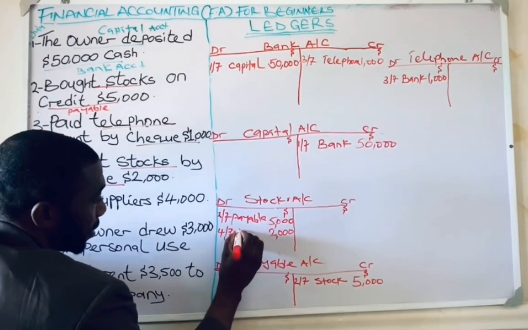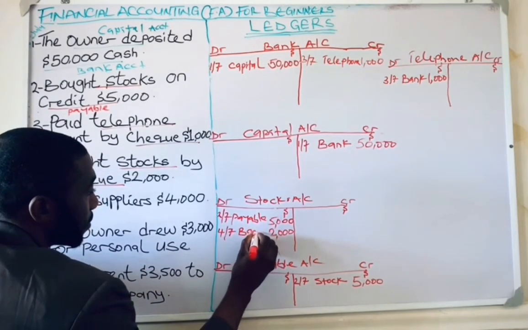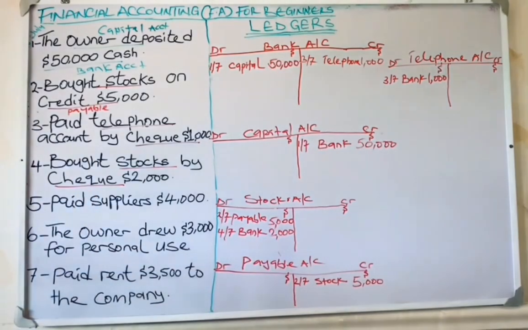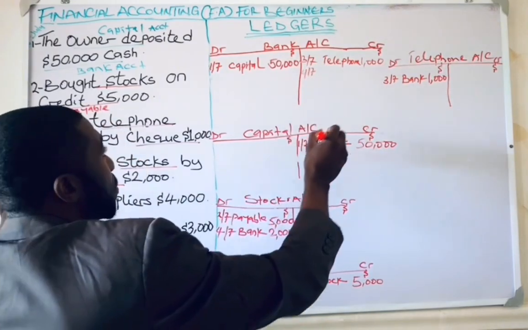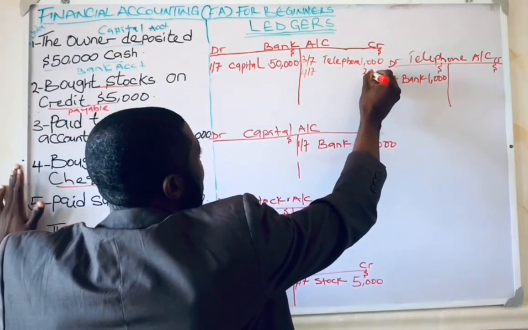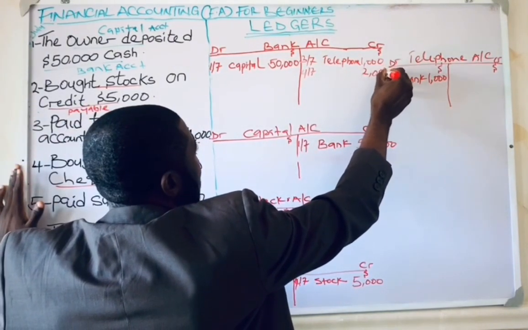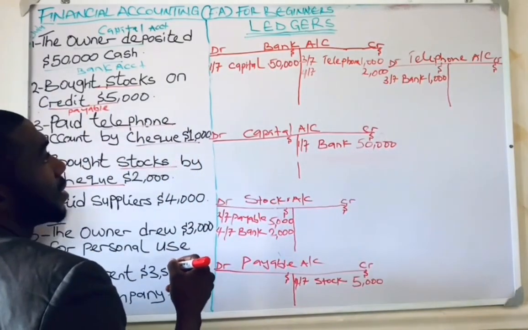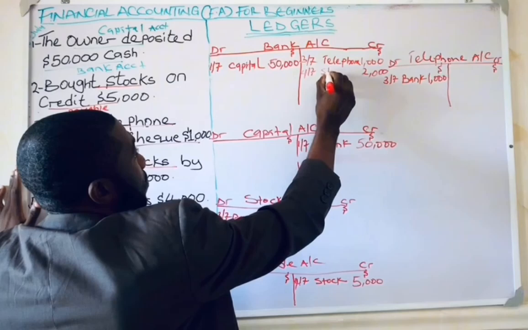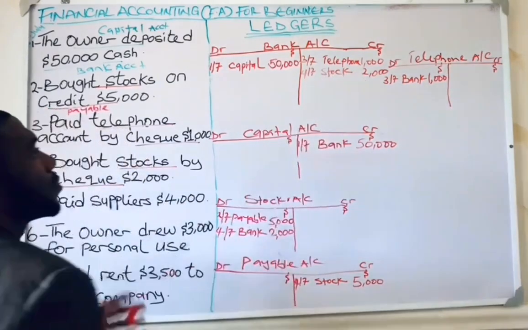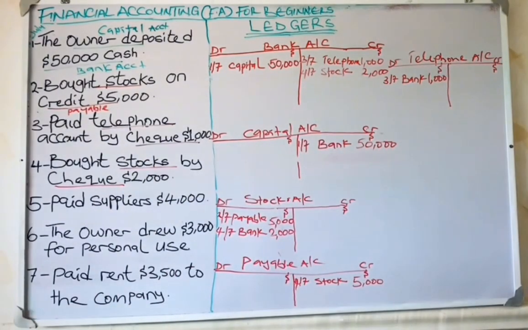Simple as that. Now you go to your bank account. We pay $2,000 for the stock that we bought. Simple as that.